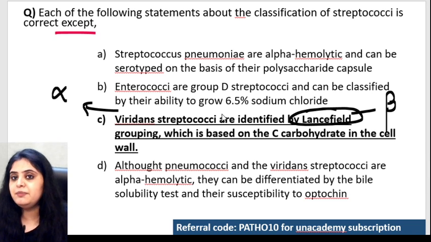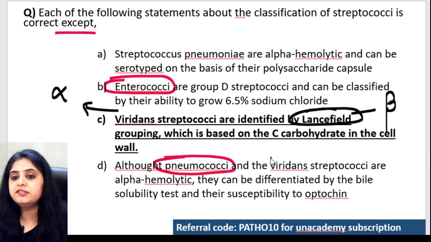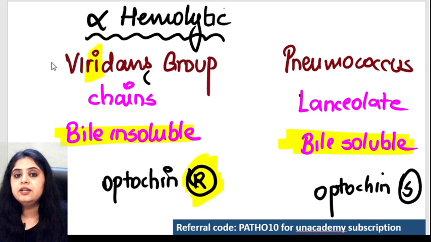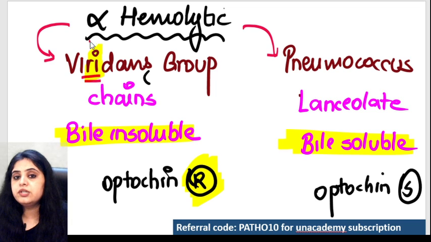So basically, I'll be able to complete this question once I've read about Enterococcus and once I've read about pneumococcus and viridans. So quickly, if I have to differentiate between the alpha hemolytic category, we've got the viridans group and the pneumococcus group. Remember, viridans group is optochin resistant and bile insoluble.